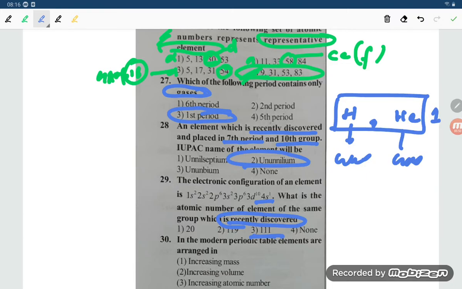So for the recently discovered element, how will you do it? Let me check this electronic configuration: you count how many electrons, 2, 4, 6, 10, 12, 18, 20, 28, 29.